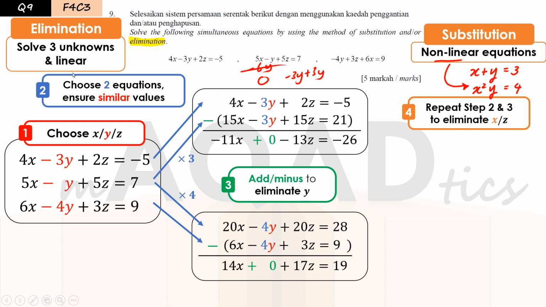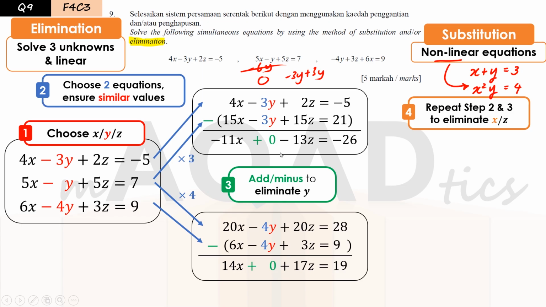So step 2, choose two equations, which is these two. Ensure they have similar values. For the value of x here, we need to make sure it's similar. But as you can see, one is 11 and one is 14. It will be hard if we just manipulate one equation only.